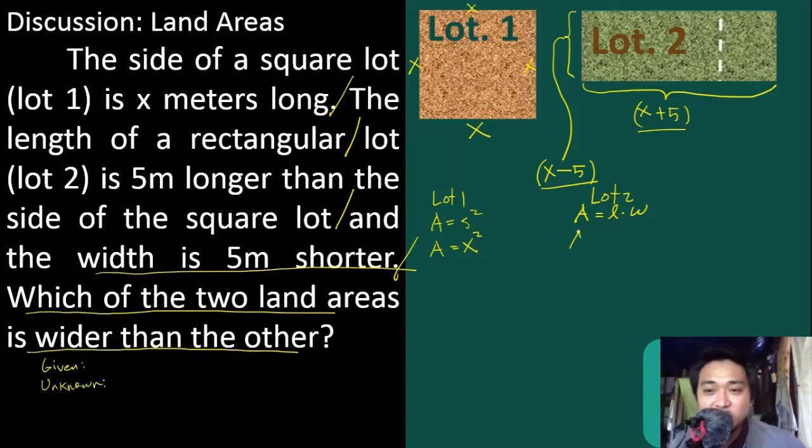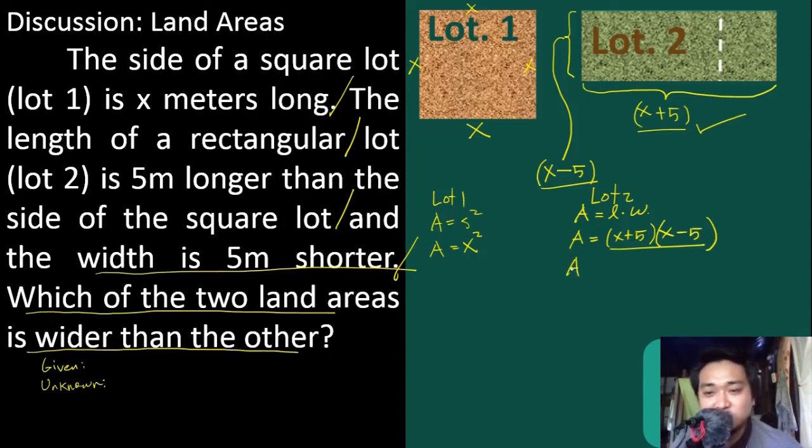So, the area could be expressed as the quantity x plus 5 times the width, which is x minus 5. Hindi pa natin agad masasagutan kung sino yung mas malapad. Not unless, i-evaluate muna natin to.